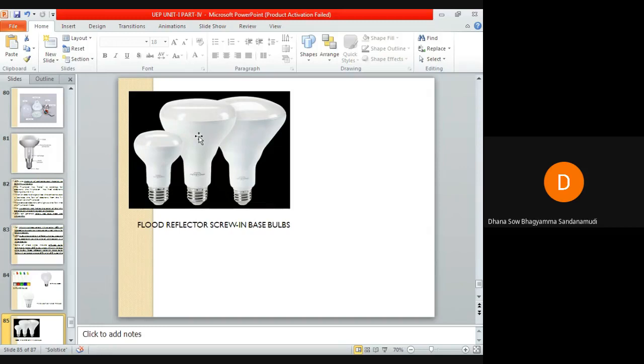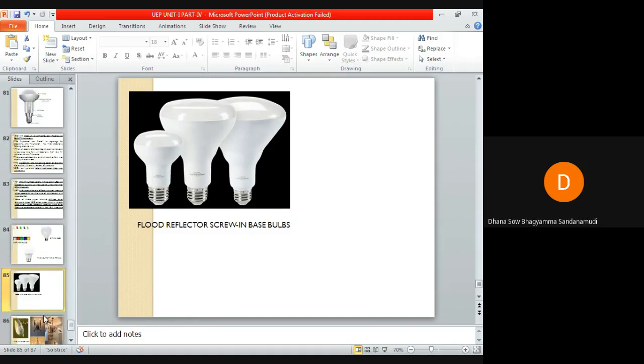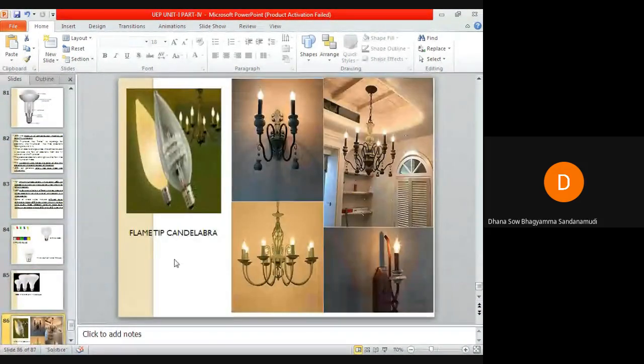These are screw in base bulbs, flood bulbs. They won't look like typical flood lighting bulbs. They can even be flame tip candelabra type LEDs, which look like a candle with a flame, not like lamps at all.